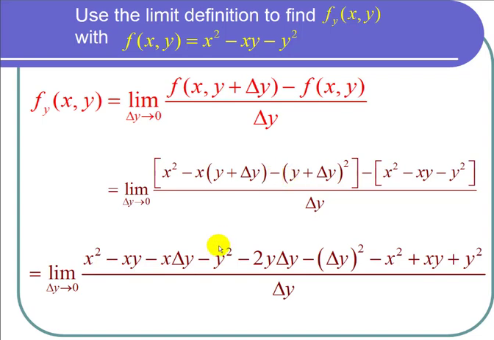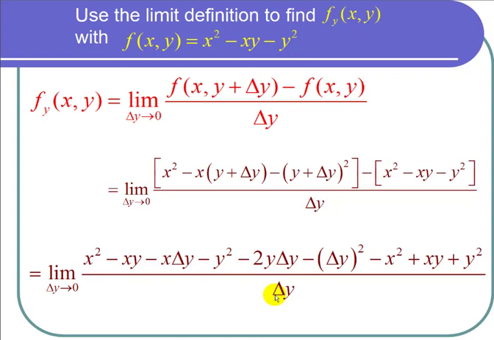So I get minus y squared, and then minus 2y delta y, and then minus delta y squared. And then I have minus x squared minus x y minus y squared. So I change the signs, and I get minus x squared plus x y, and then minus a minus is another plus y squared, all over delta y.